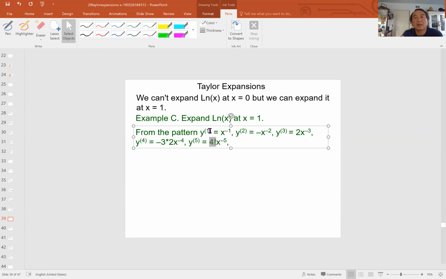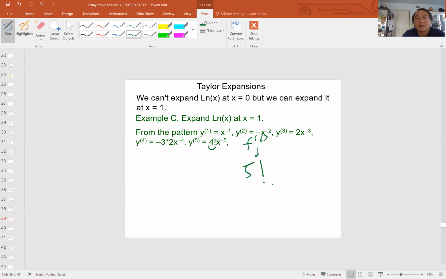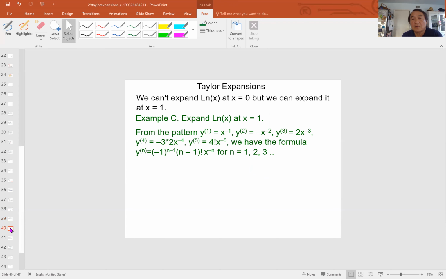If I do it again, I'm going to get 5 factorial in the front. And the second thing is there's a sign swap, plus, minus, plus, minus. So I have to write a formula that's n factorial but at the same time alternates in sign. After thinking about it for a while, this is it.